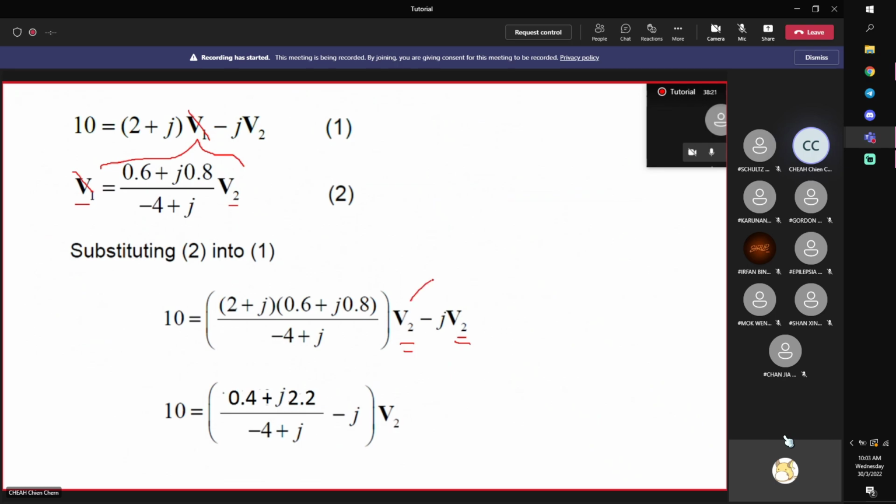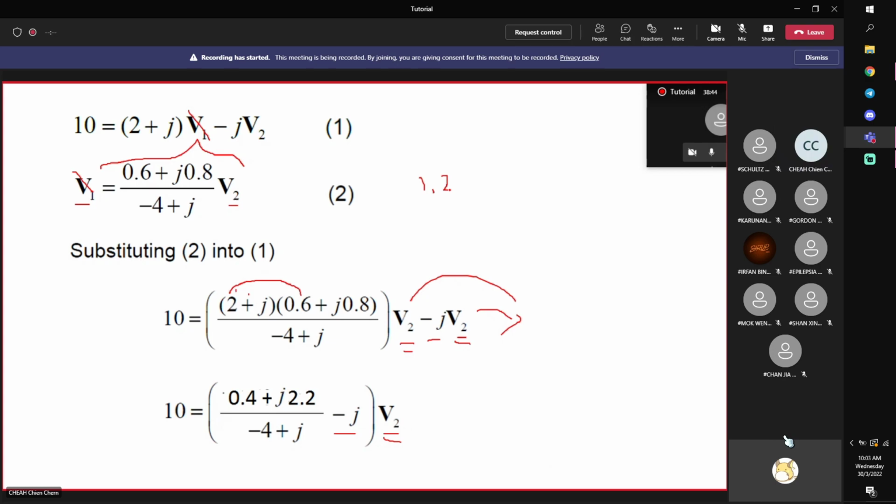I will take out my V2. This is what I get. Therefore, here I get a negative j. And then here, I just operate directly in rectangular form by multiplying. You need to multiply this 4 times. This 2, this 2, so altogether, multiply 4 times. 2 times 0.6 is 1.2.